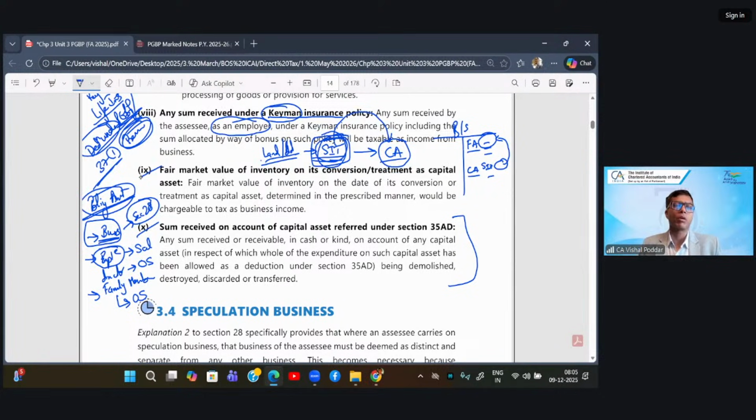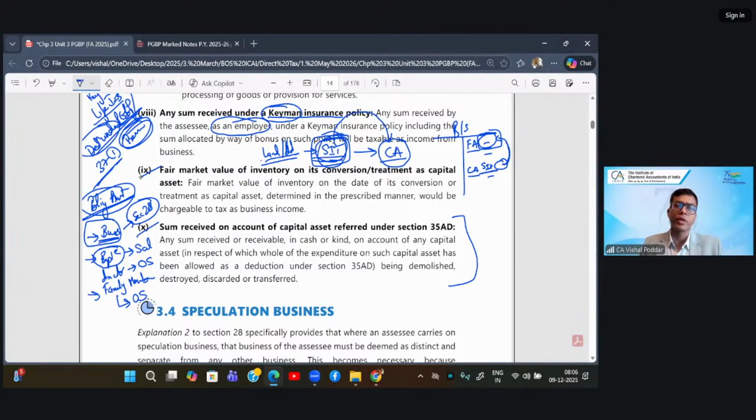This is what is called conversion of stock in trade into capital asset. Now, interestingly, the law says henceforth, this will become a capital asset for you. And in future, after 8, 10, 12, 15 years, whenever you decide to sell it, it will go in the capital gain chapter because now it is your capital asset. But until today, it was stock in trade.